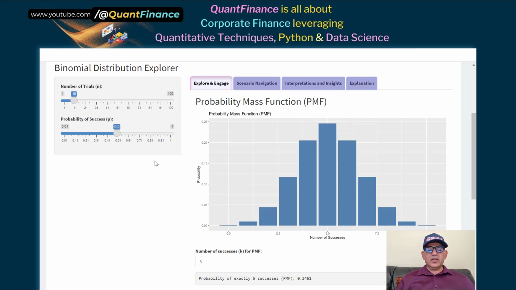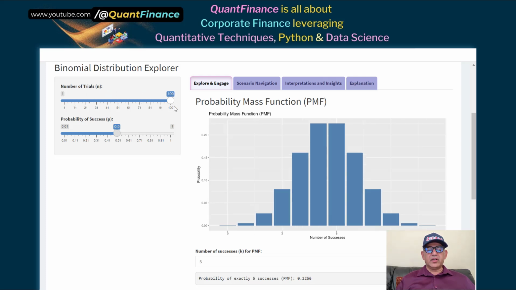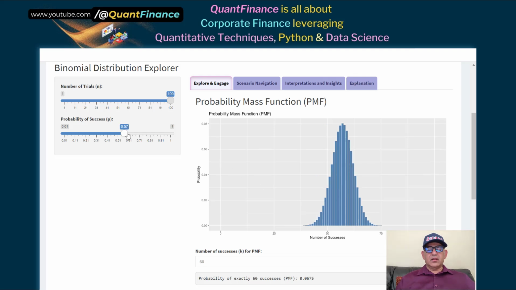But interestingly, let us drag this slider to maybe 100. Wow. So if my probability of success is say 0.57 and the number of trials is 100 and I'm trying to find 60 successes, that is, 60 defaults, then the probability is 0.0675.